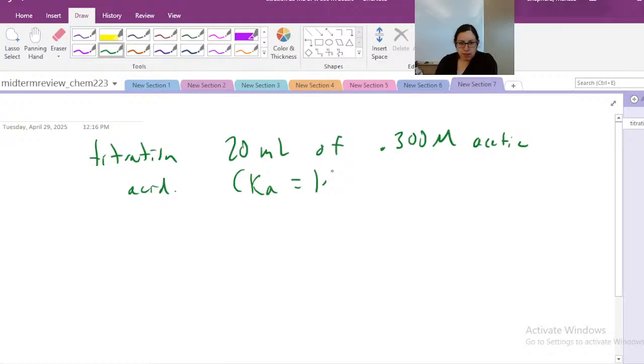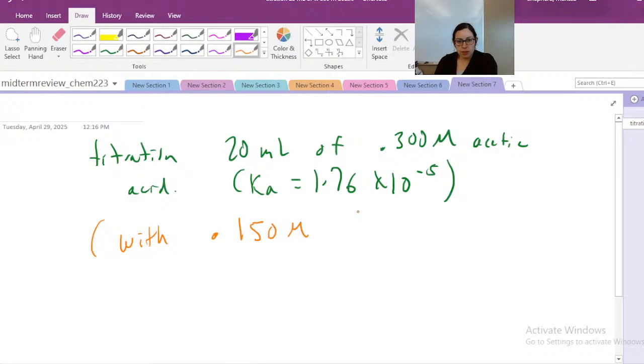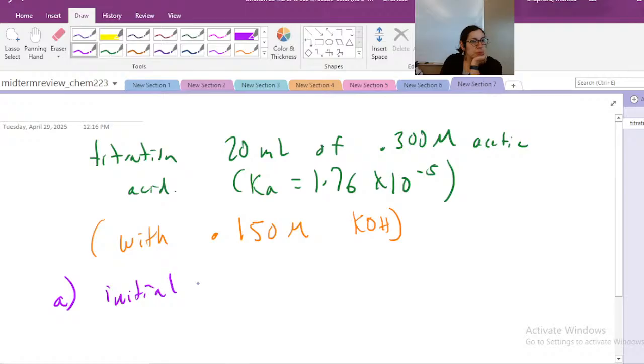The Ka, at least what I have written down here, is 1.76 times 10 to the negative fifth. And let's just say we'll titrate it with 0.15 molar KOH, obviously a strong base. Let's start off with what is the initial pH? So prior to any addition, how would you solve that?